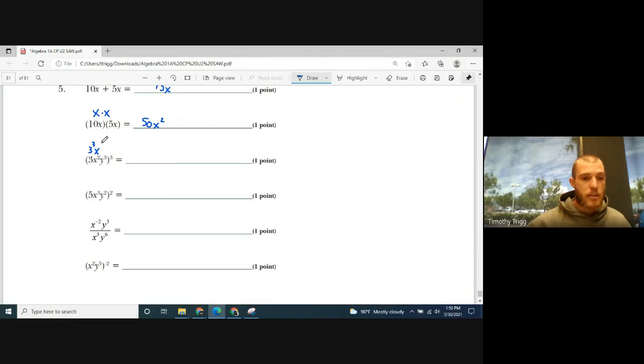So that's going to be x to the power of 6. And this will be y to the power of 3. A power to a power, you multiply those. So that's y to the power of 9. So 3 to the power of 3, that's 27, right? Remember, that's 3 times 3 times 3. So that's 27. And then x to the power of 6, y to the power of 9.